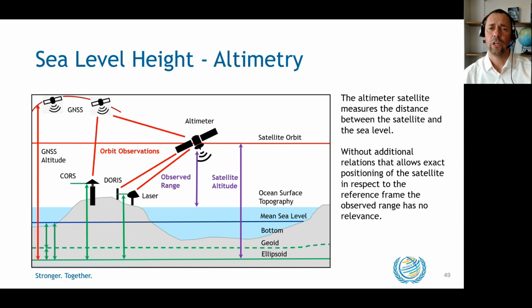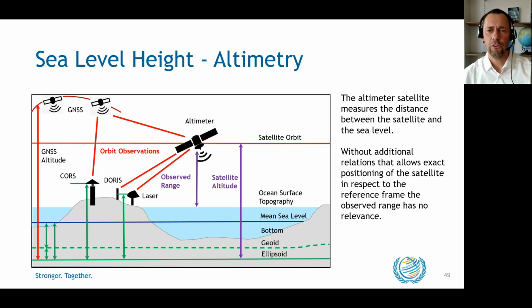We use also GNSS, as the satellites are usually equipped with a GNSS receiver. But don't forget that by using GNSS, also here, like with all other satellite missions, we have at first to know their own position, meaning their own orbits.